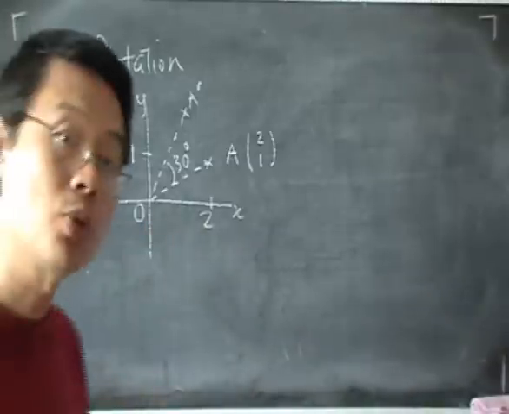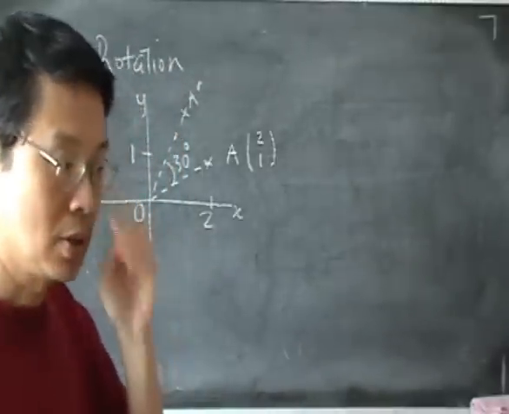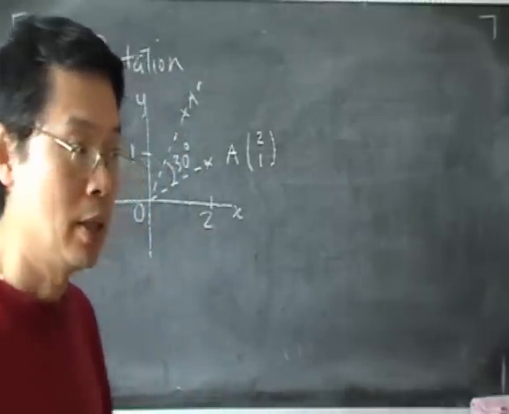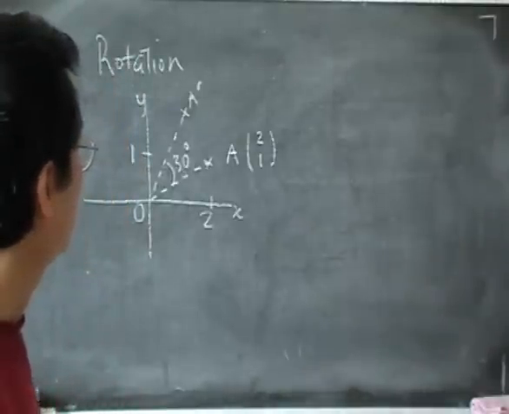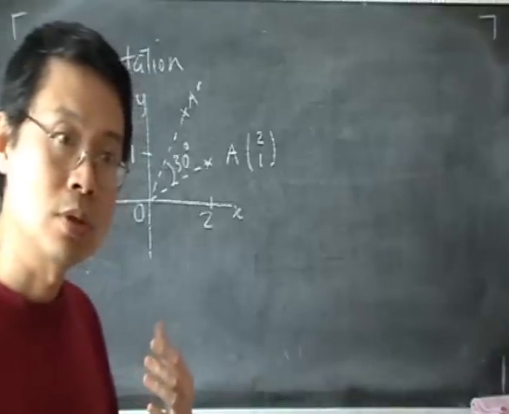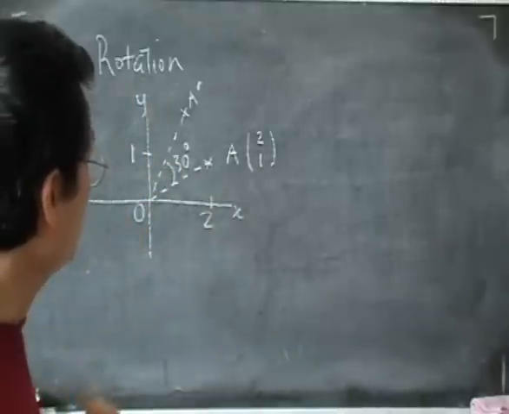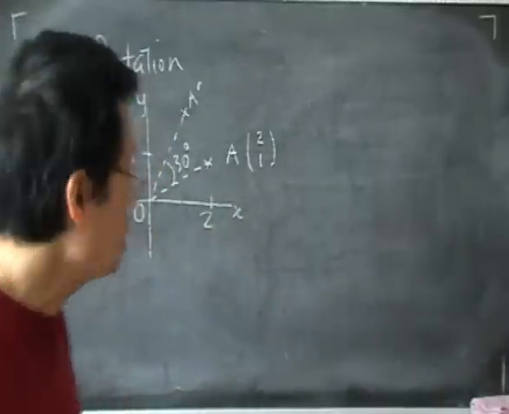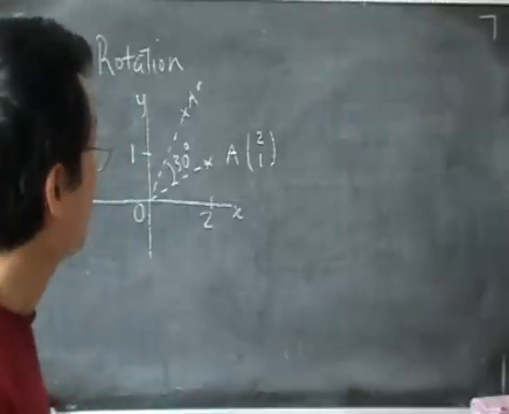We can do it actually using what we have learned in trigonometry, using sines and cosines. So in this case, I shall not try to explain how to do it directly using geometry and trigonometry. I will go straight to using the matrix.